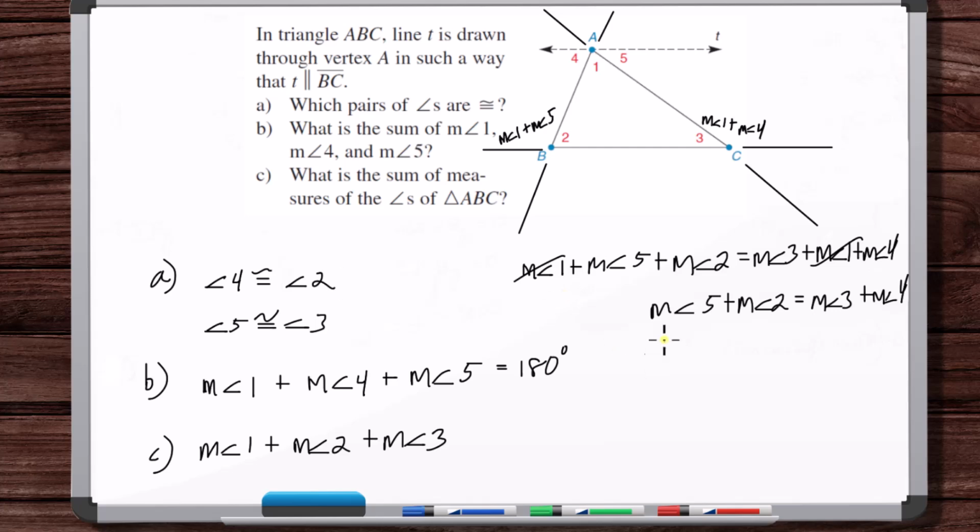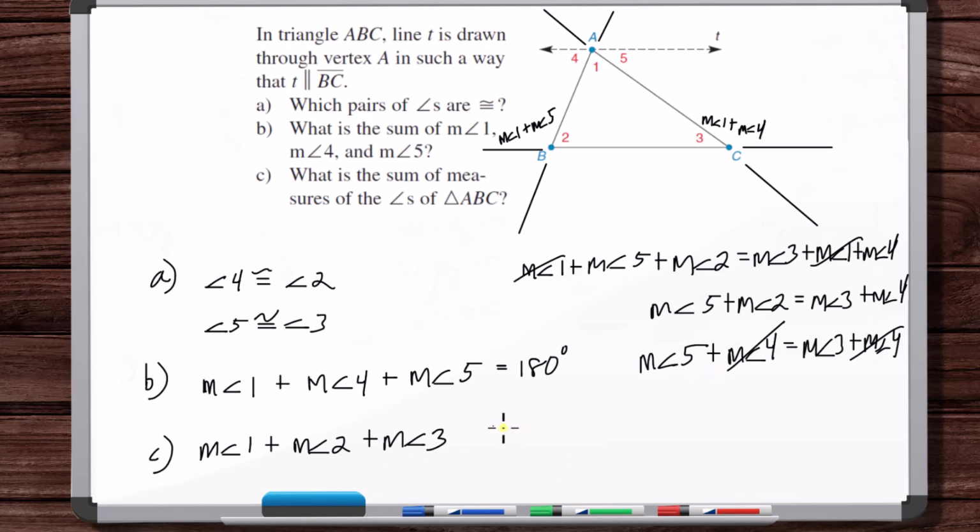But angles 4 and 2 are congruent, so let's change this to measure of angle 4. These cancel, so we get that the measures of angles 5 and 3 are congruent. That doesn't give us any new information.